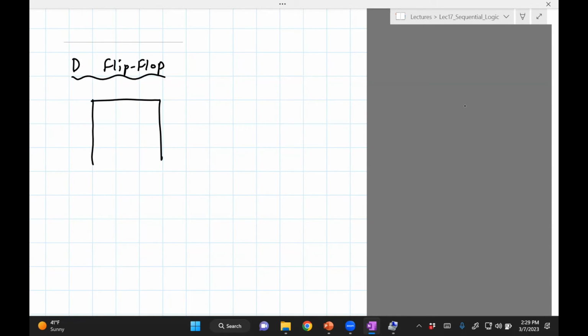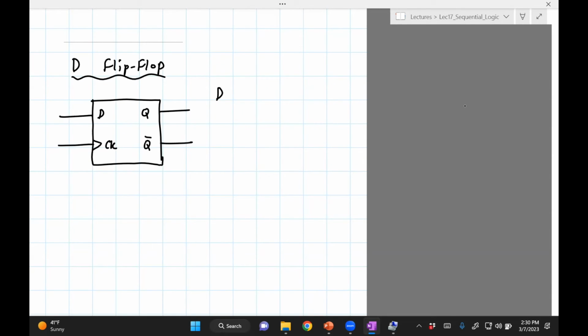So here is the D flip-flop. Okay, in fact, the moment I draw this, you should be able to complete the truth table based on what we know of a D latch. D, CK, Q, Q bar.